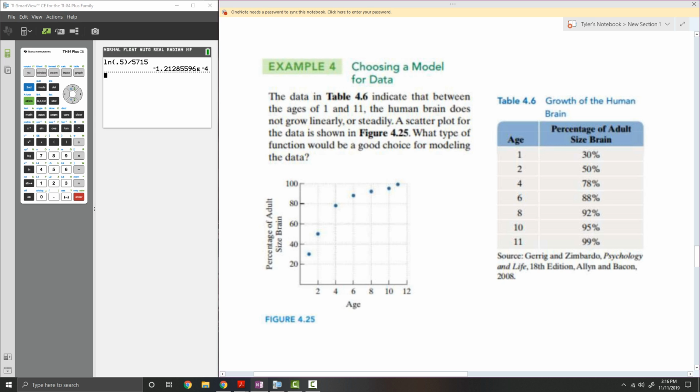We're told here that the data is going to indicate that between the ages of 1 and 11, the human brain does not grow linearly or steadily. A scatter plot for the data is shown. What type of function would be a good choice for modeling the data?